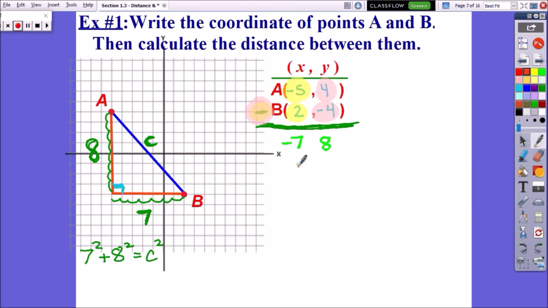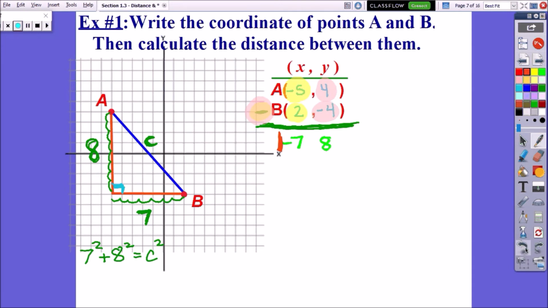It's a negative 7 in terms of coordinate math, but we want to convert it to a length. So we take the absolute value of that negative 7 and turn it into a positive number, so now it's representative of length.